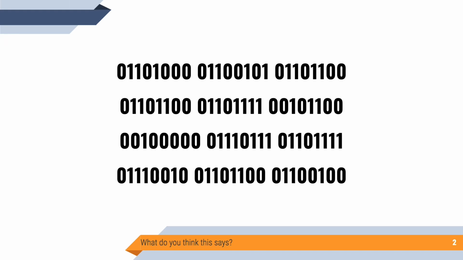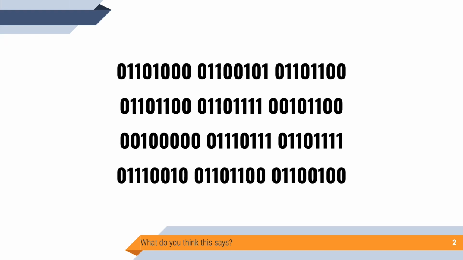But the compilers that we utilize will convert the high-level language into this 0 and 1, the binary code that we see on the screen right now, because computers can only understand 0 and 1, yes or no, good or bad, true or false. So basically they understand zeros and ones.